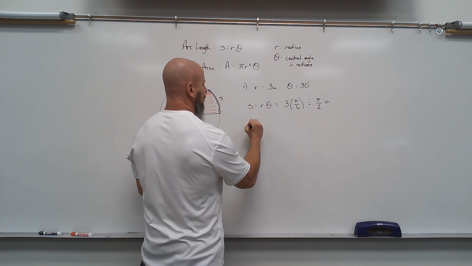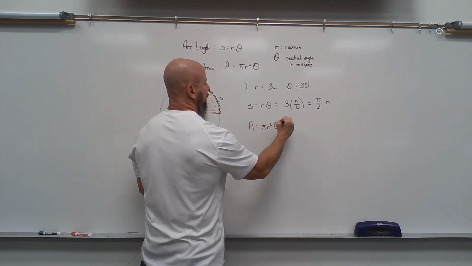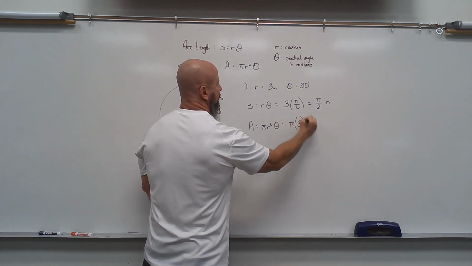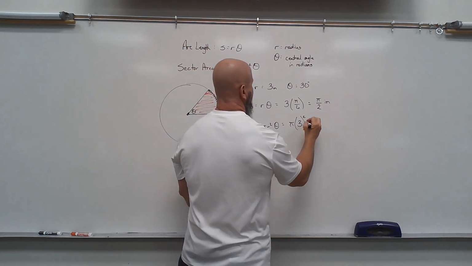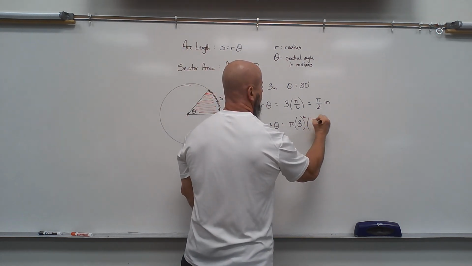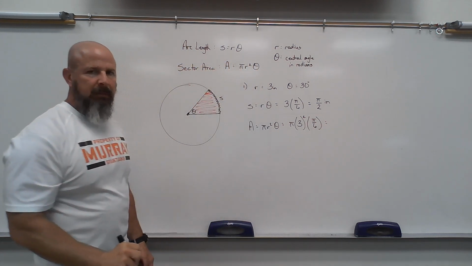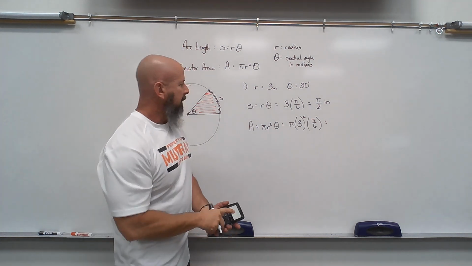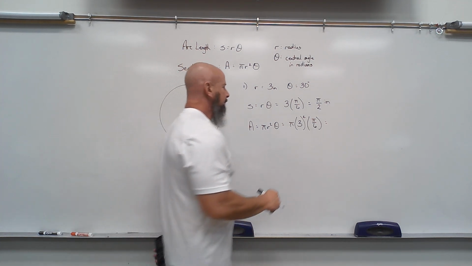If we wanted the area, pi r squared theta, so pi, that would be 3 squared. There's my radius. And then my angle, again, I've got that pi over 6. And that would be, what's that? 3 squared is 9.